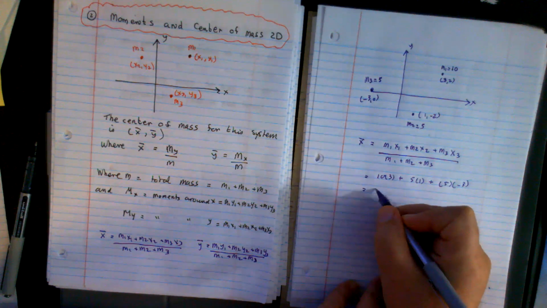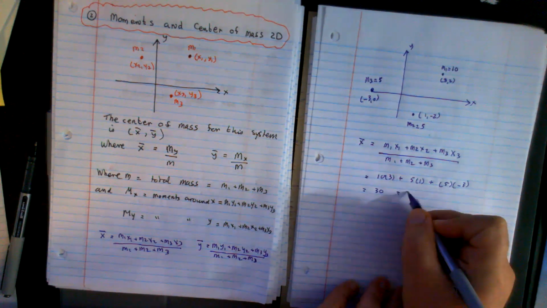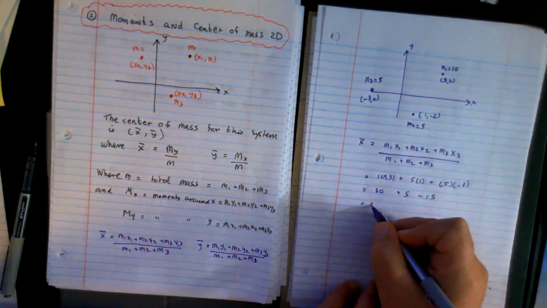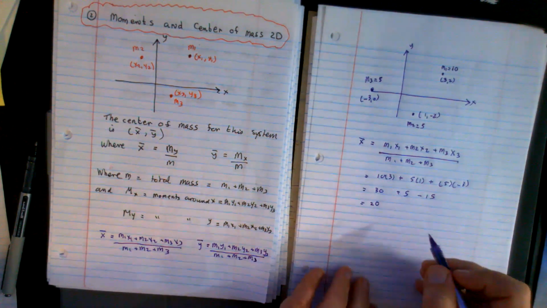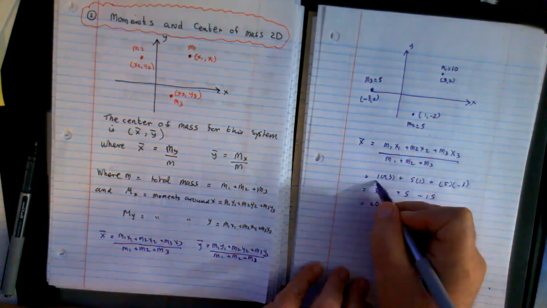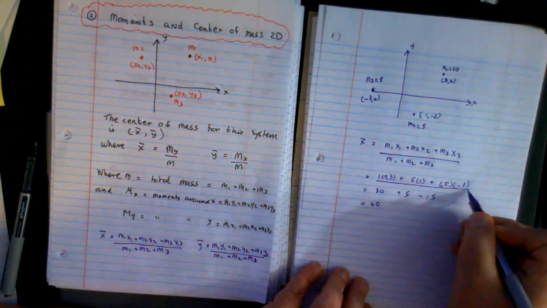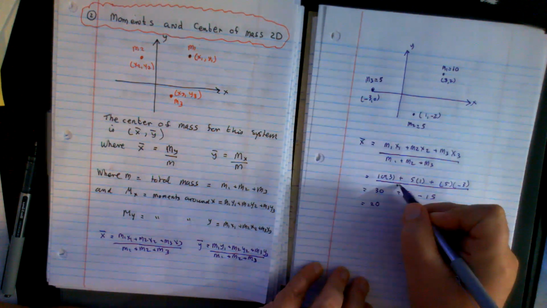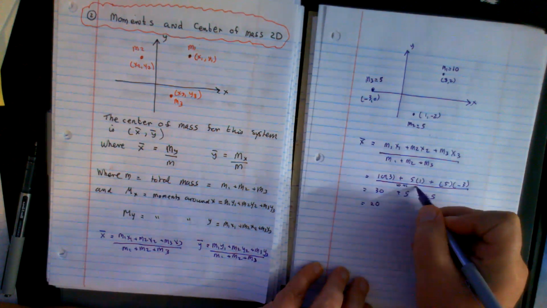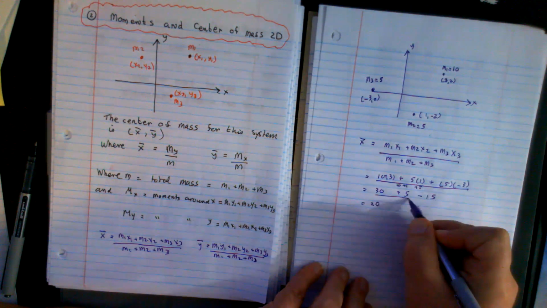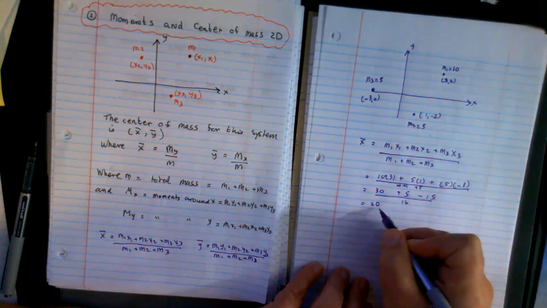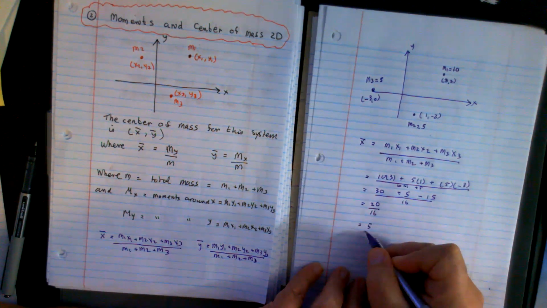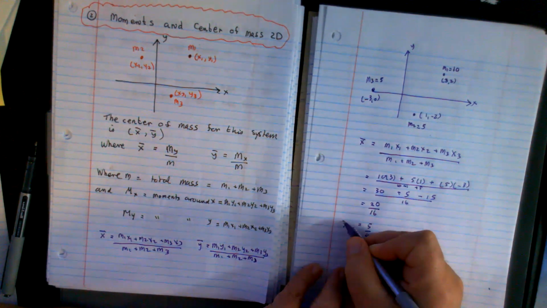And this gets me 30, add 5, take away 15, and I get 20. And on the bottom, we get 10 add 1 add 5. And we get an x bar of 5 quarters.